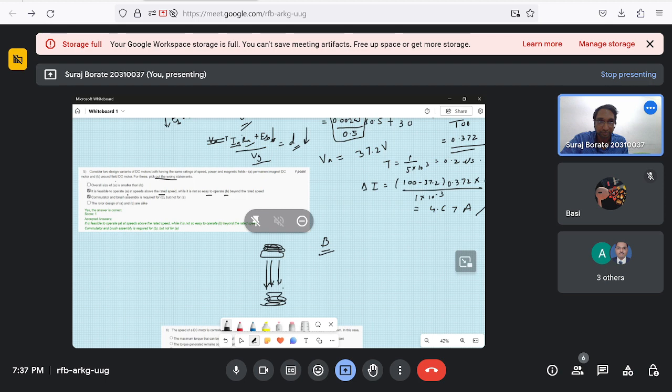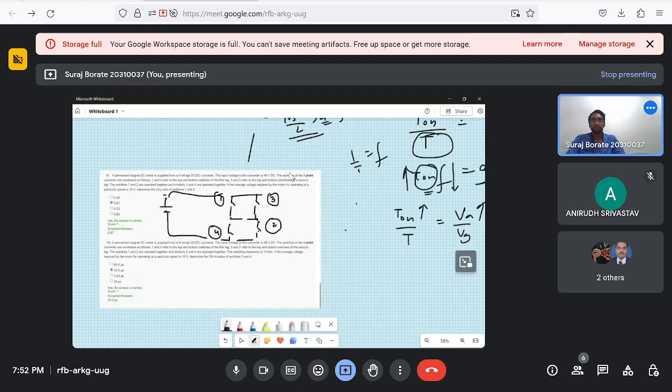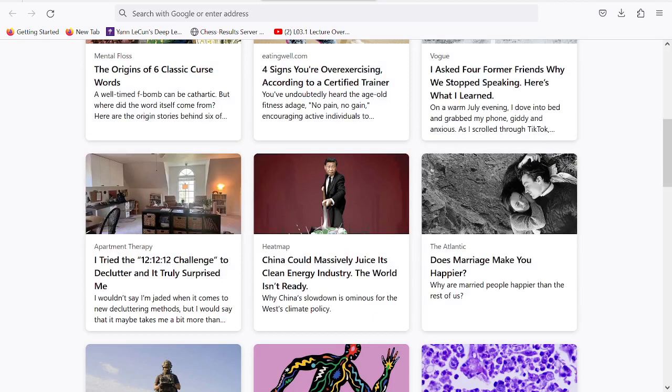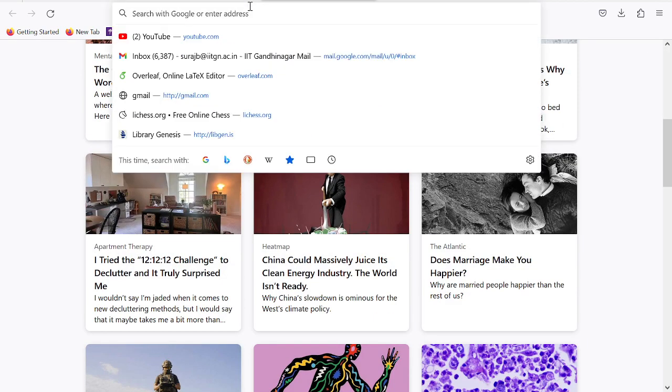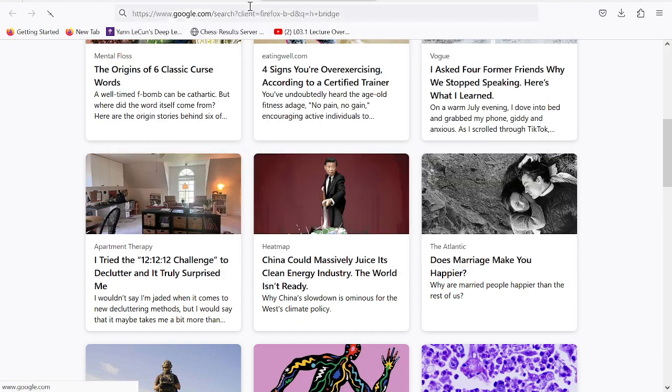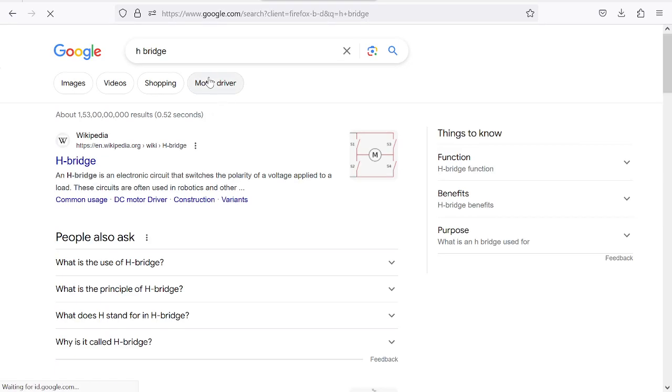So how is the diagram of the H bridge? How is this connected? What is the component over here? There is a DC motor.